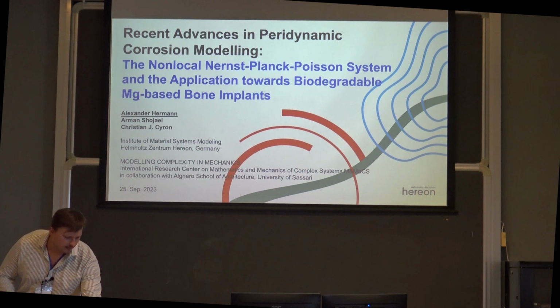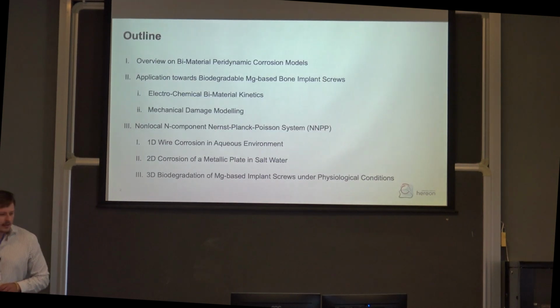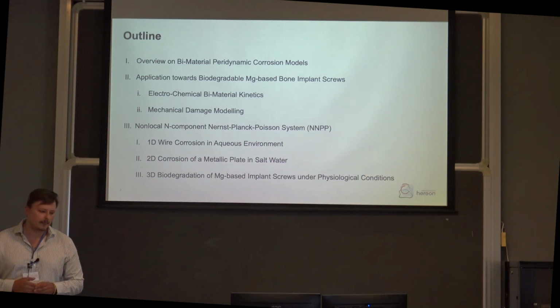So to give you a brief outline of what I'm going to talk about now: a historic overview of what has been done so far in peridynamic biomaterial, peridynamic corrosion modeling. And then particularly the application aspects that we've been dealing with, that would be the biodegradable magnesium-based implant materials, the design of it and the modeling of it, specifically the digital twinning aspect of it. There are two parts to it, the electrochemical kinetics, as well as the mechanical damage analysis of a pre-corroded material.